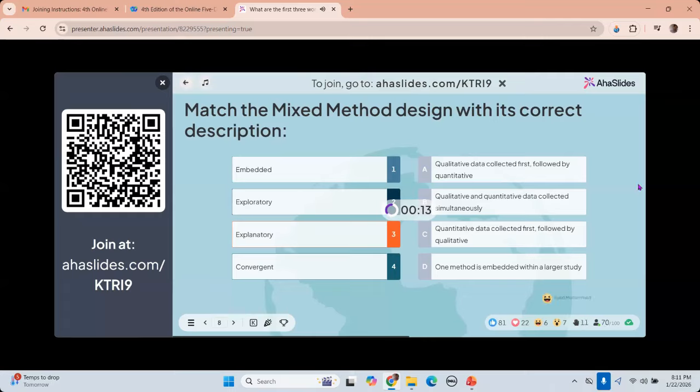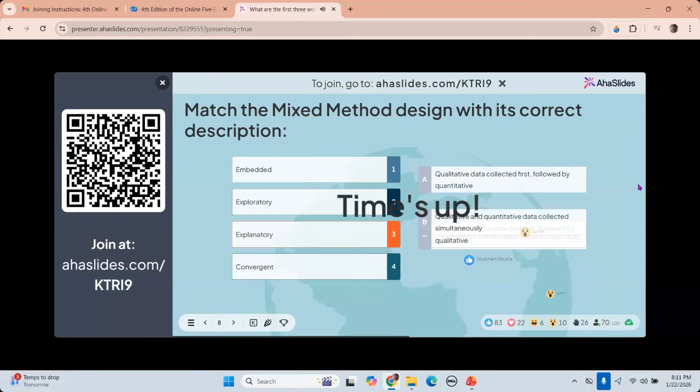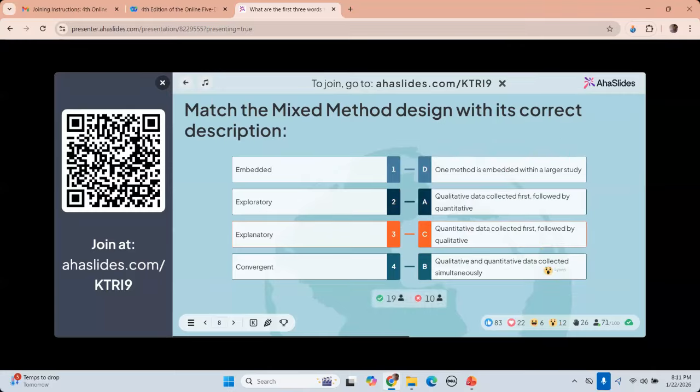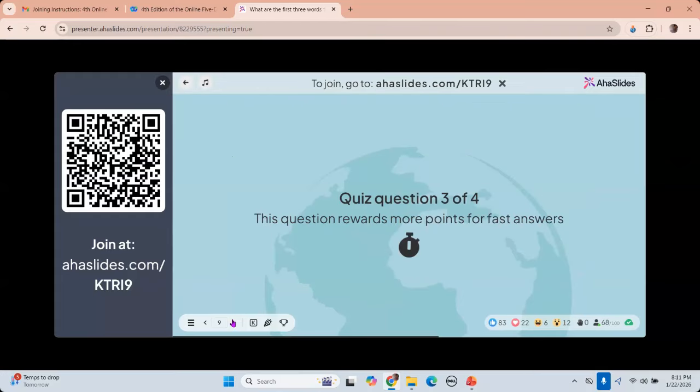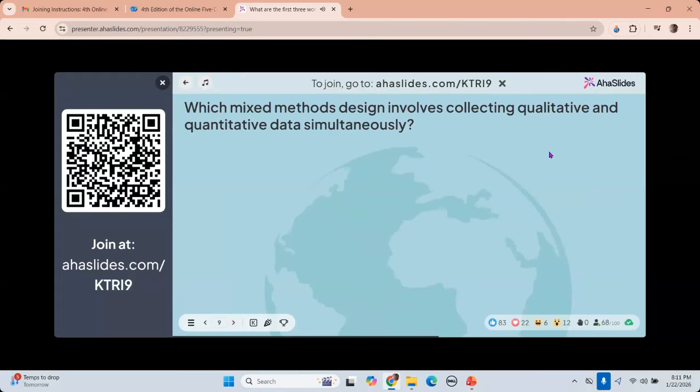I just want you to please take part in this. Kindly take part in this. See the results. Integrated method, exploratory, explanatory, convergent. Okay, next. Please read the question properly before answering, please.